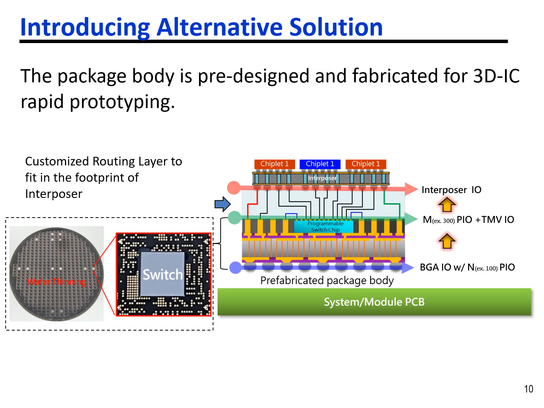So here we introduce an alternative solution, which is the programmable package. Okay, the basic idea is to try to use some programmable switch, and then combine with the customized routing layer for those chiplets on the top, for rapid prototyping.